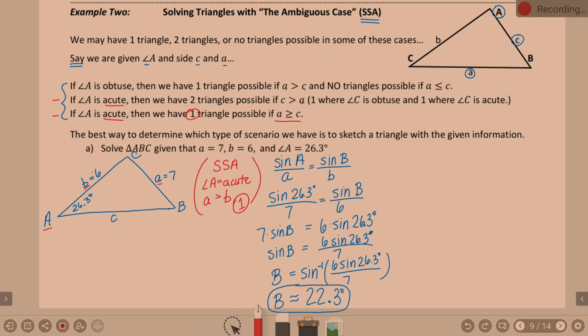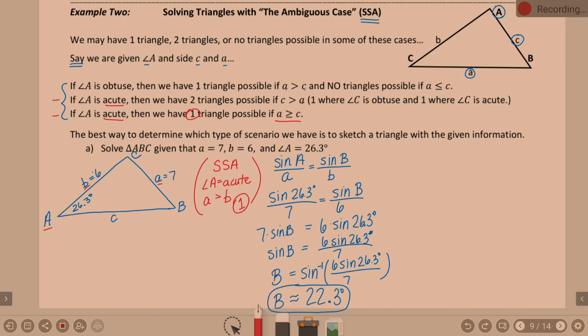We're not done. It says solve the triangle, so what are the missing pieces? We were given A and A, we were given B, we found the other B. Okay, I have a direction I have to go next. What must I find next? C. Which C? Angle. We have to find the angle C first, don't we?